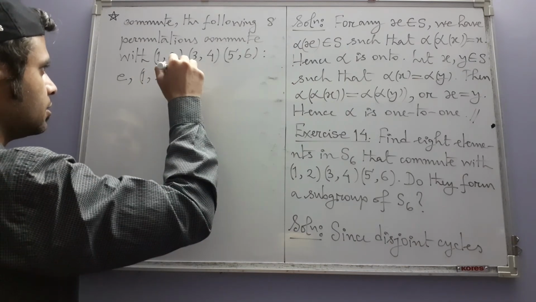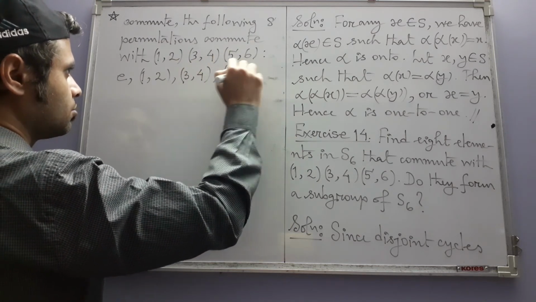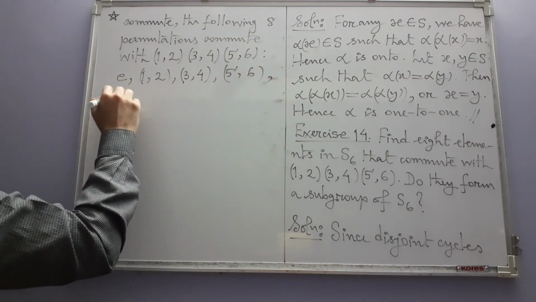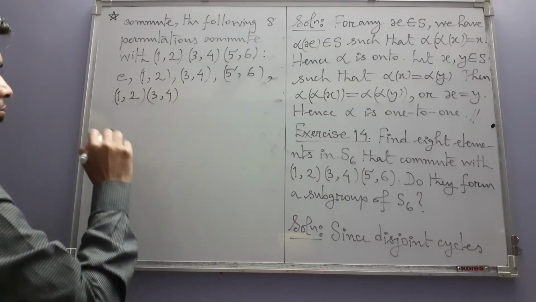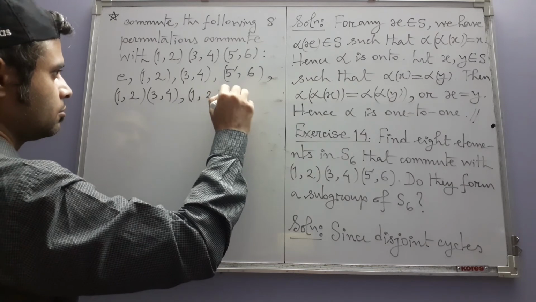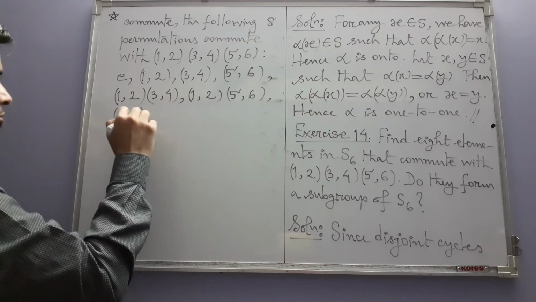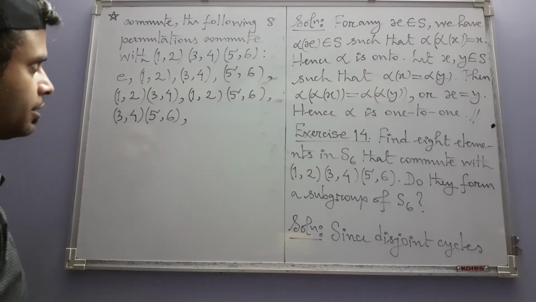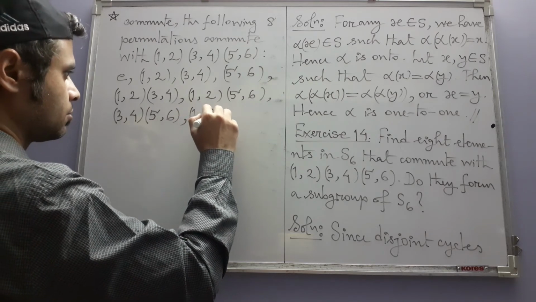Because of a similar reason, (3 4) and (5 6) also commute with this one, and then you can take two cycles at a time, and then all of them, of course, together.